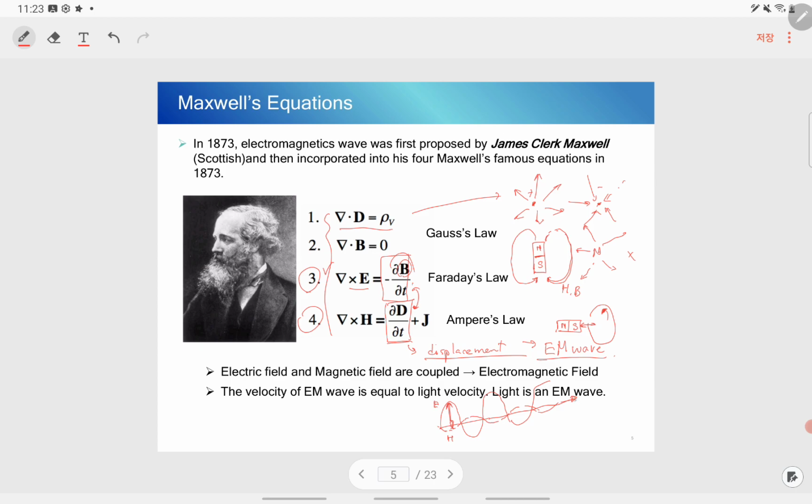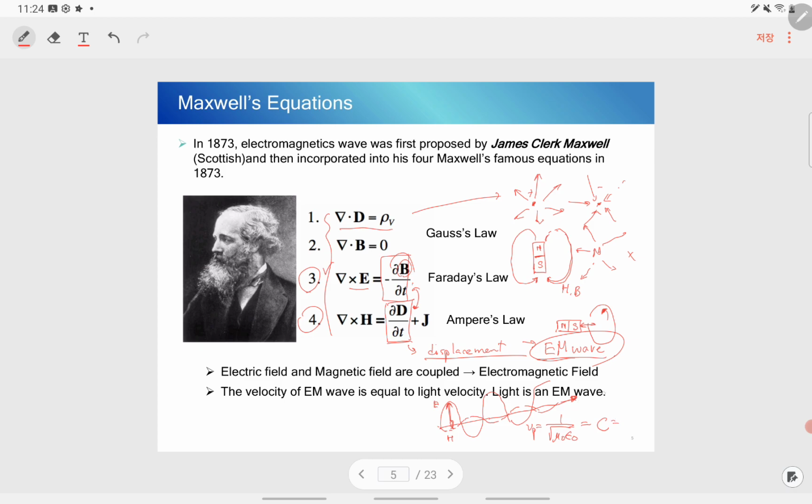He got the wave through mathematics, and what he found is that the propagation velocity of the EM wave, calculated from the equations, happens to be the same as c, the speed of light, 3 times 10 to the 8 meters per second.